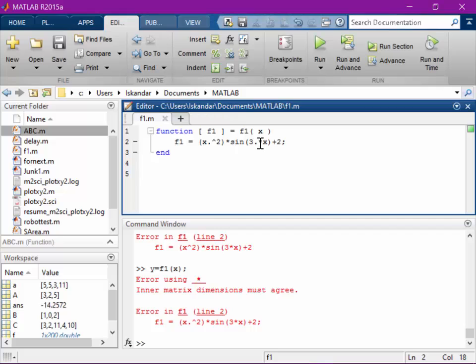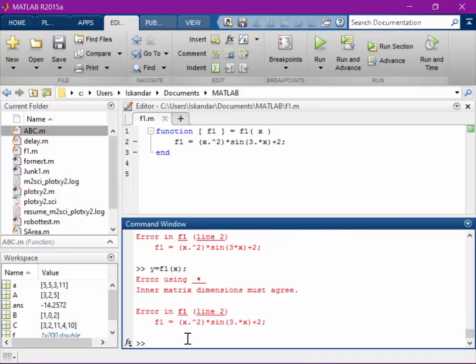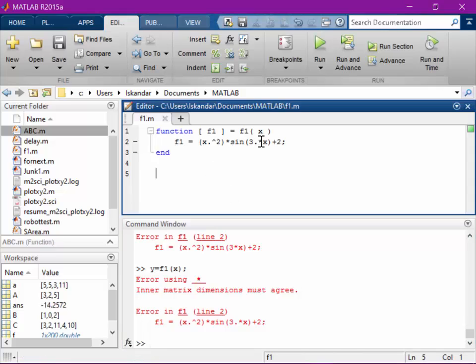Dot times, I've got that dot times here. Inner matrix dimensions must agree. Actually, that's a scalar right there, a single variable. All right, let's look at this. What's going on here?